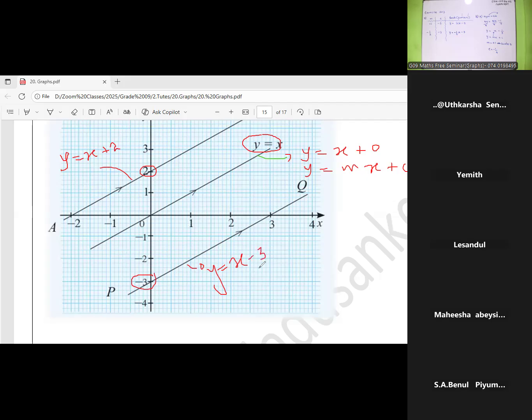Because the PQ and AB lines are both parallel to y equals x, you have to decide only the intercept point. The AB line crosses the y-axis at 2, and the PQ line crosses at minus 3. So that is done.